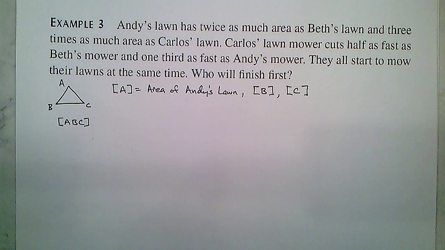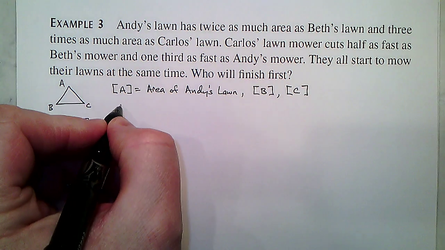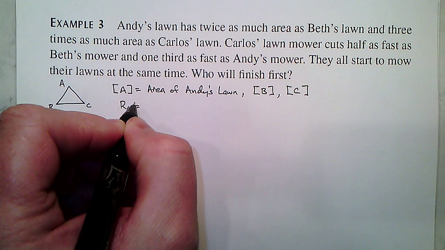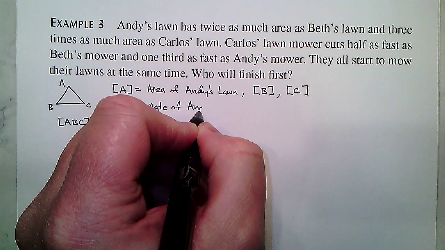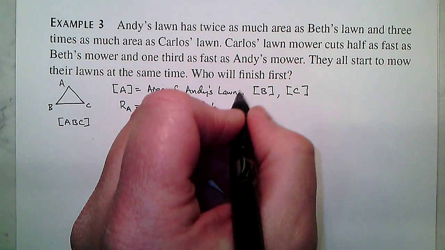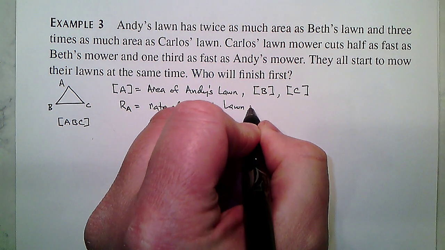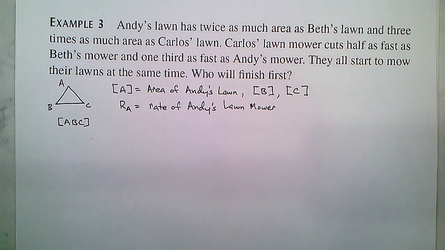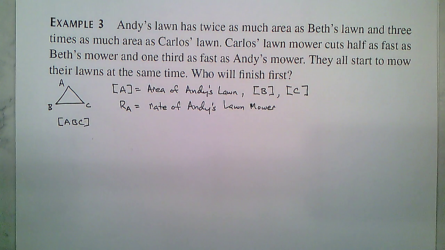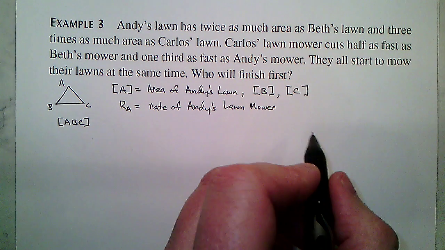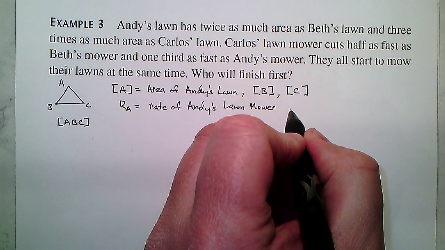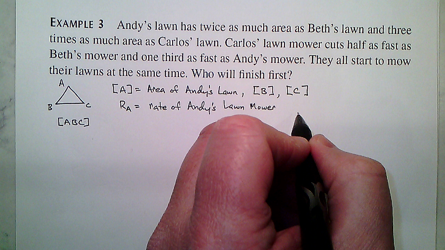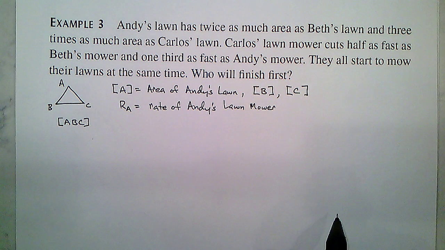And then they also have rates, so let RA equal the rate of Andy's lawnmower. Well, what is that rate? Since it's lawn, it would be natural to talk about acres as a measure of area.